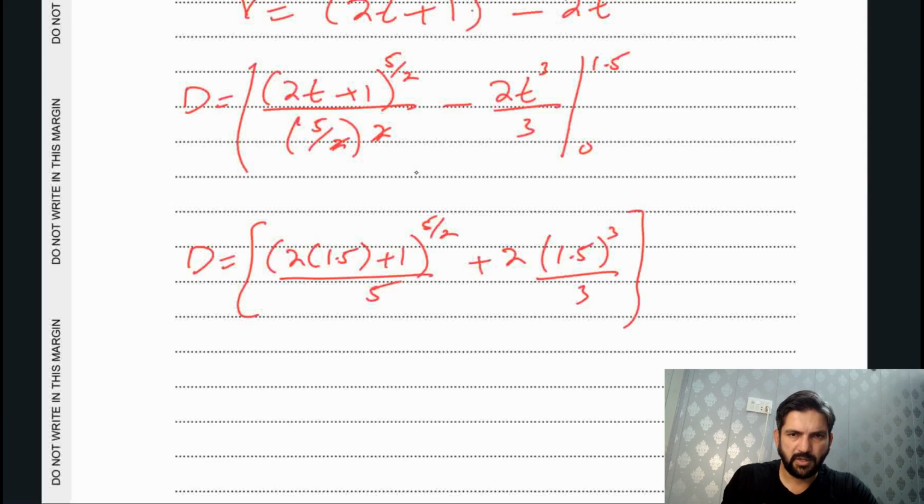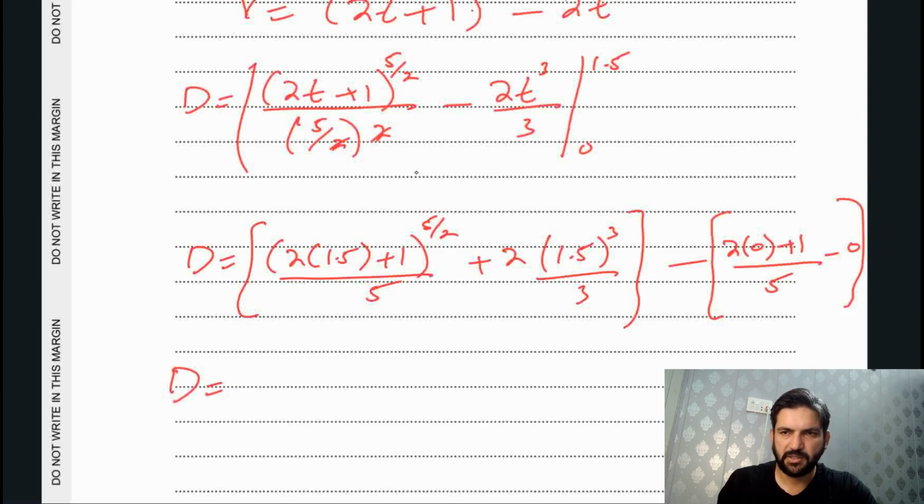When you put 0, the second portion will be 0. Do not do it directly. Just put 0 over here. You will get 2 into 0 plus 1 divided by 5, and then this portion will be 0. So overall the answer for the lower limit will be 1 by 5.